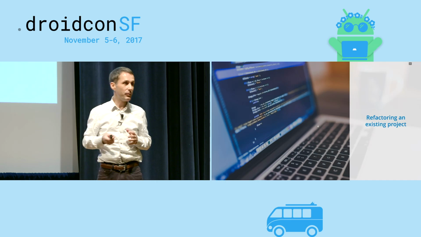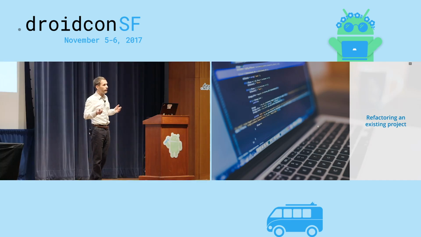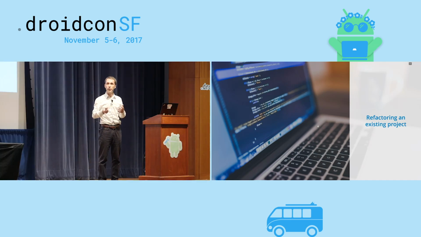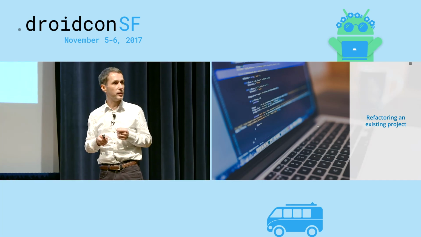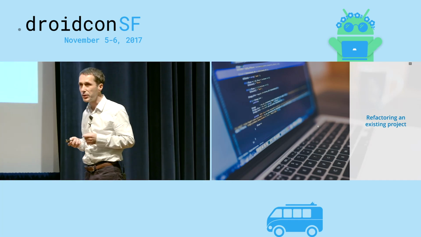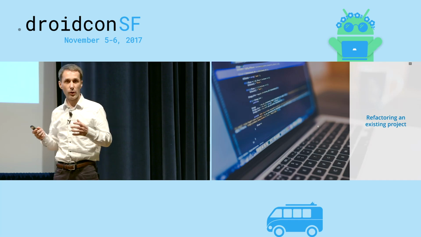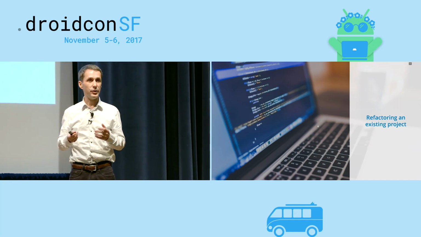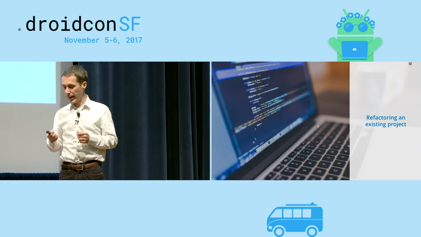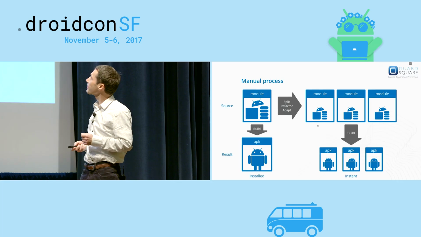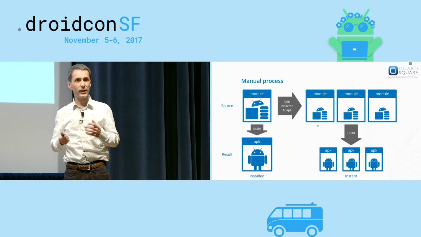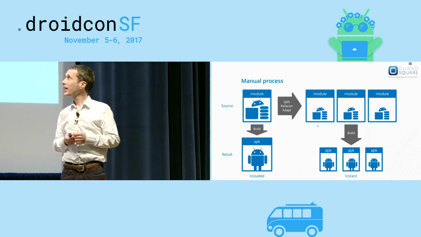Okay, so at that point, we've created a new Instant App. But what if you want to refactor an existing project? And this is a situation that most of you will be in, where you already have an application and you want to create an Instant App version of that. Well, you'll have to start refactoring the code.